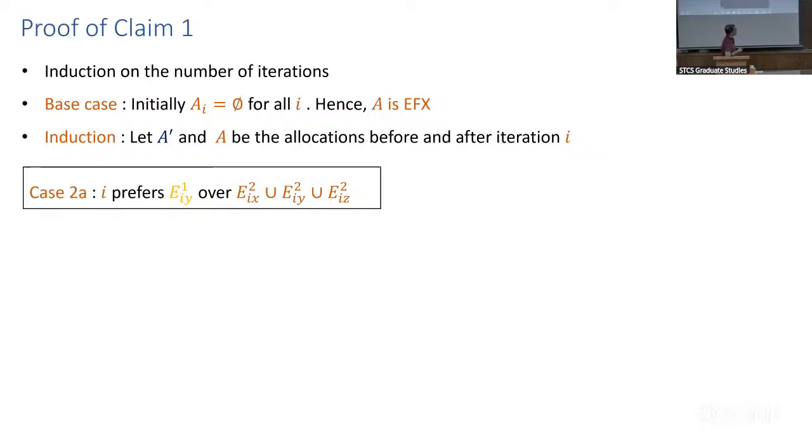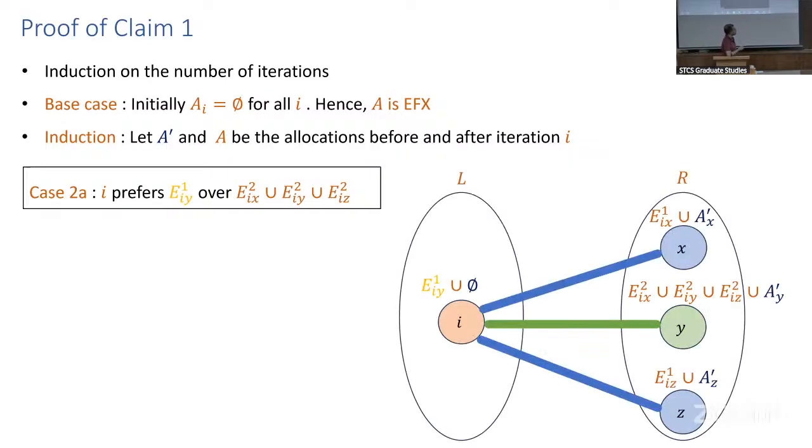Now consider the case where vertex i prefers E1iY over the union of these 3 bundles, which was the case where vertex Y envies vertex i, but that envy is EFX. A prime X, A prime Y, and A prime Z are the bundles that these vertices had from the previous iteration, from the previous runs.